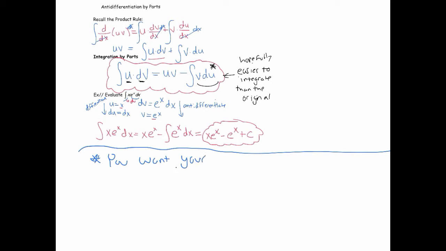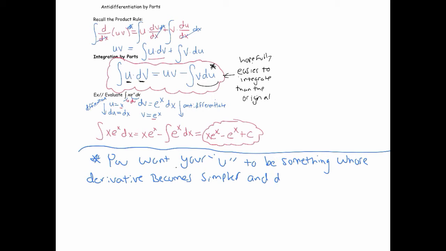So you want your u to be something whose derivative becomes simpler. So like polynomials are a classic example, right? They become simpler when you take their derivatives.